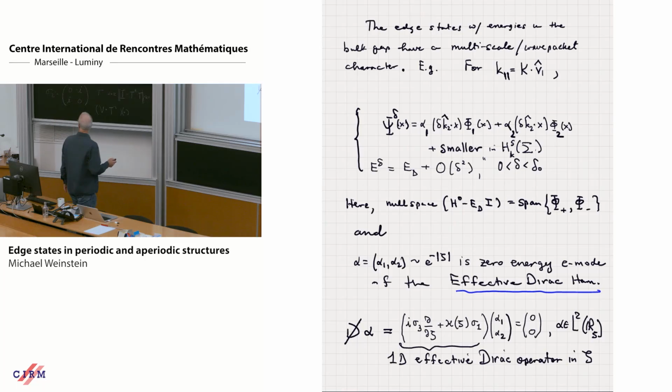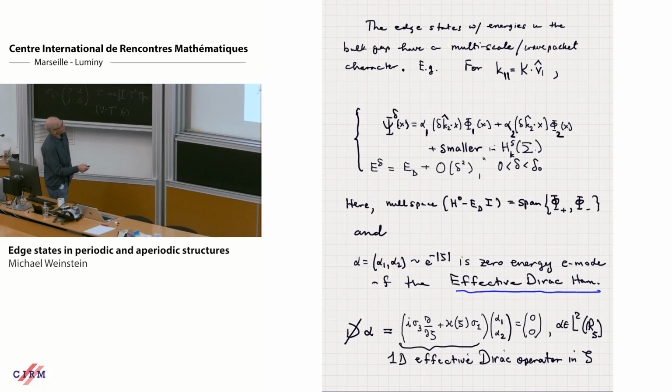Okay, so just a comment about how the scheme works. Taking advantage of the two-scale structure of the Hamiltonian, one finds that the edge states have a two-scale structure. They are slow transverse modulations of the degenerate Bloch modes associated with the honeycomb, and the energy will be slightly perturbed.